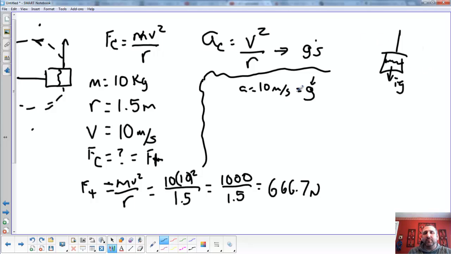So what we basically say is, if there's more than 10 meters per second squared of acceleration, we can say 20 meters per second squared would be 2 Gs, or 30 meters per second squared would be 3 Gs. That acceleration is caused by the fact that this might not be changing speed, but it's definitely changing direction.